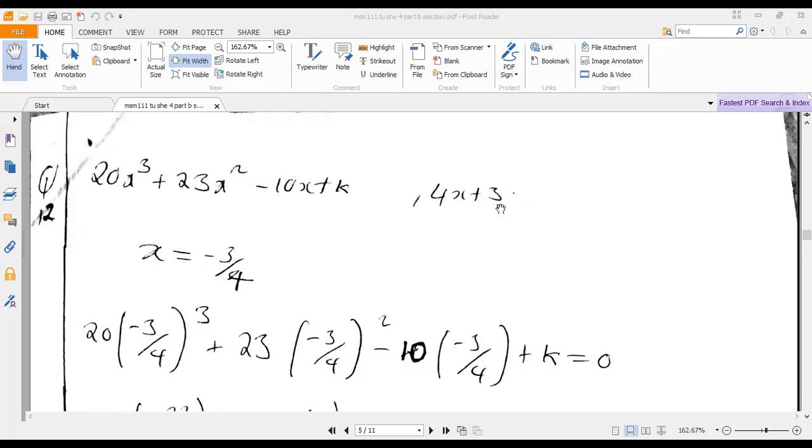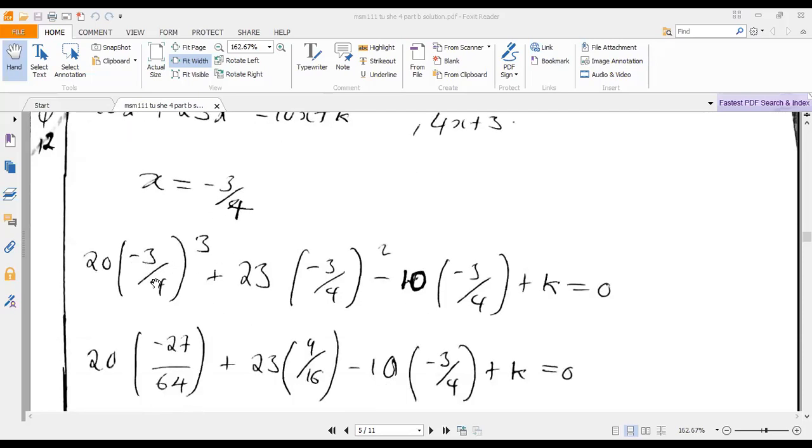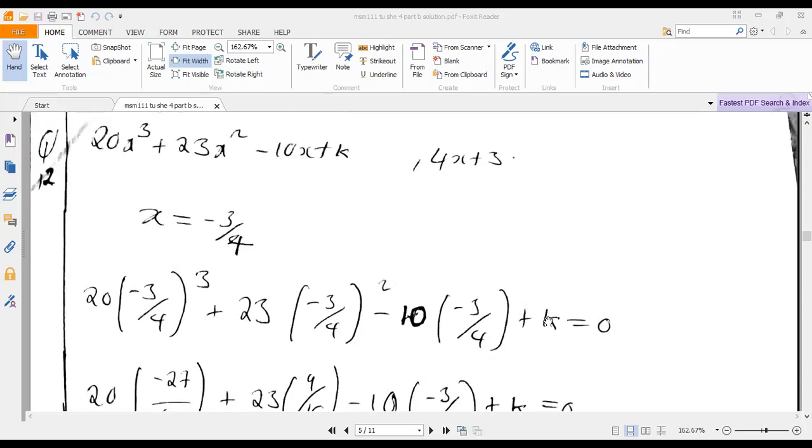So now you have to solve for x. When you do that, you find that x is equal to -3 over 4. But what's our question? Our question is saying find the value of k. Since you know that x is equal to -3 over 4, where there's x, we'll put -3 over 4. Then everywhere there's x, you put -3 over 4, then you equate it to 0.